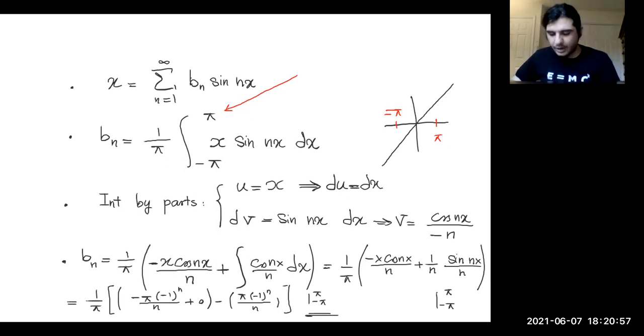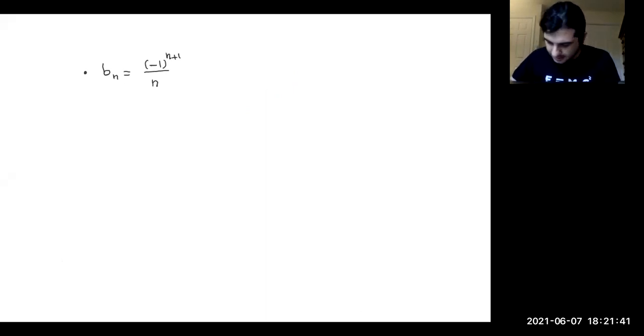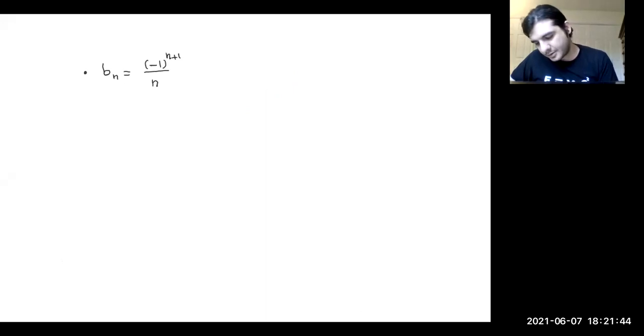Right? So pi and pi, they would cancel each other. We would get minus 2 times minus 1 to the n over n. Okay, so Bn is equal to minus 1 to the n plus 1 over n, if there is no mistake in my computations. Hopefully that's the case. Was there any 2 which I forgot? Yeah, there was. It was times 2.